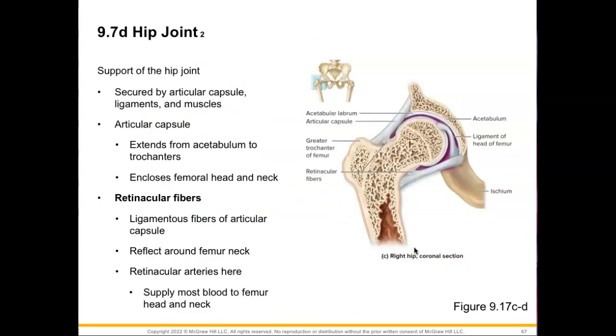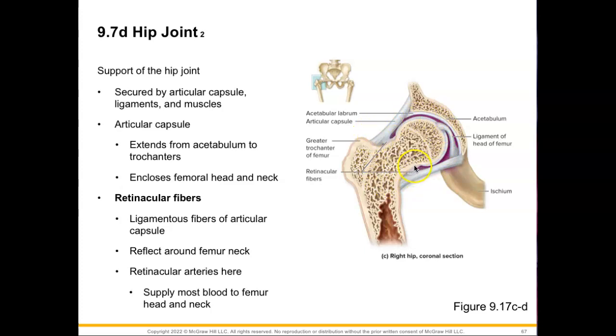First, we want to talk about how we support the hip joint. We do have a nice articular capsule. We're going to have ligaments in place and muscles. This articular capsule is going to extend from the acetabulum here to our trochanters, so lesser and greater trochanters, and it helps to enclose that femoral head and neck.